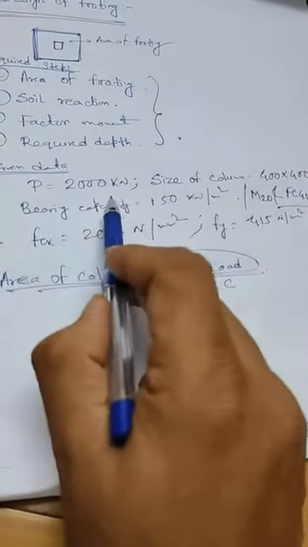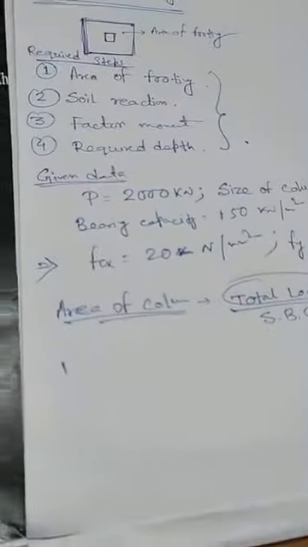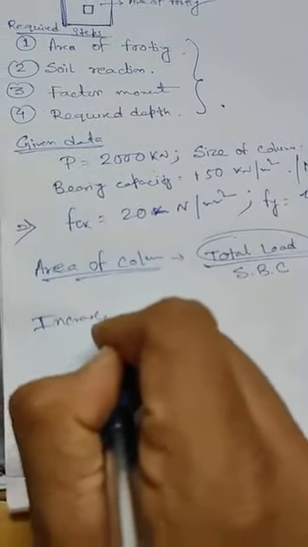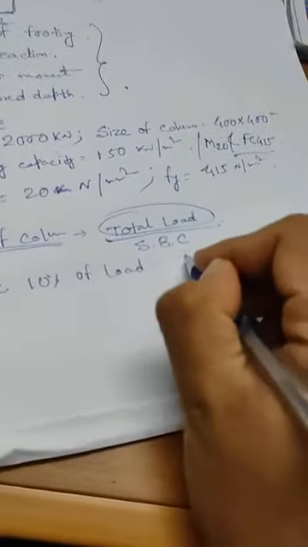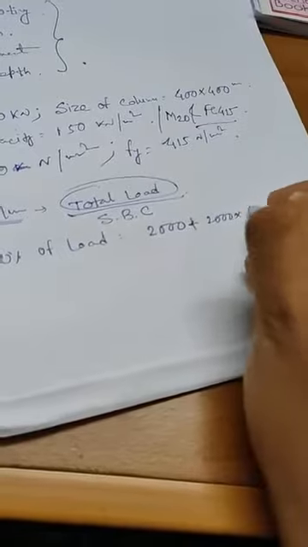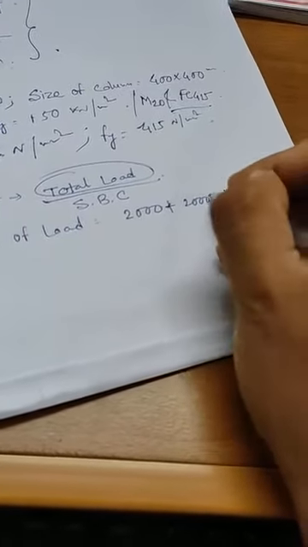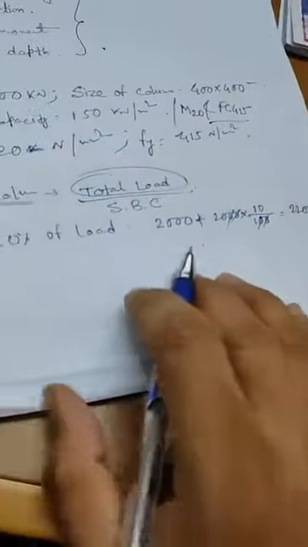The load applied on the column is 2000 kilonewton. So if we increase this by 10% of load, then the value would be 2000 plus 2000 into 10 by 100. Right, so this is the total load acting on the footing.